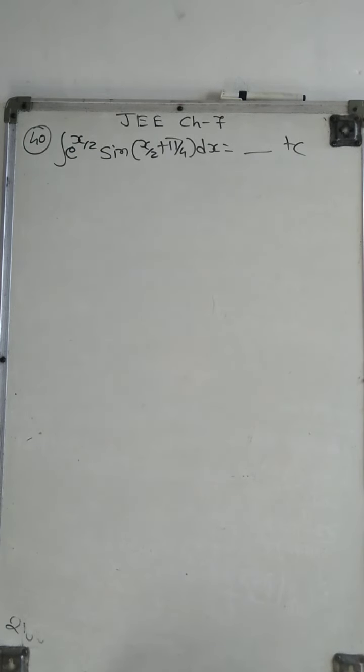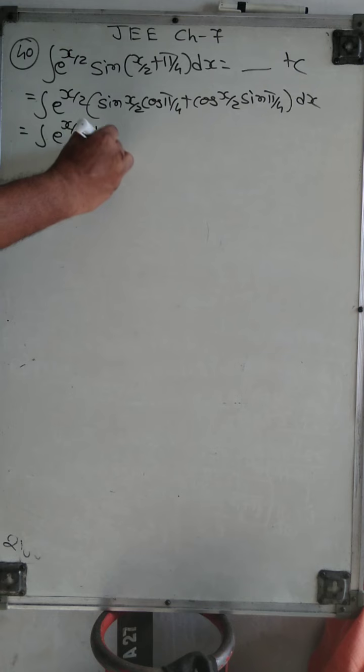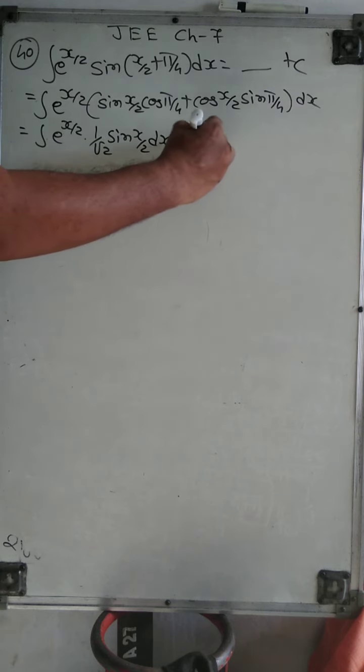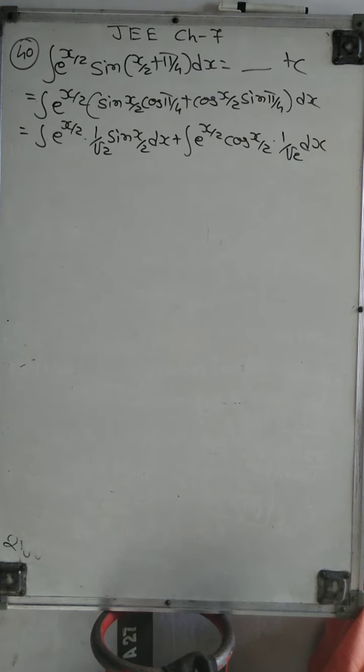First of all we simplify the sum. e raised to x by 2, expand it: sin x by 2 cos pi by 4 plus cos x by 2 sin pi by 4, dx, is equal to integration e raised to x by 2 times 1 upon root 2 sin x by 2, and then plus integration e raised to x by 2 cos x by 2 into 1 upon root 2 dx. We just separate the integration.